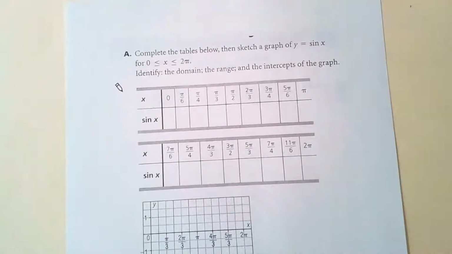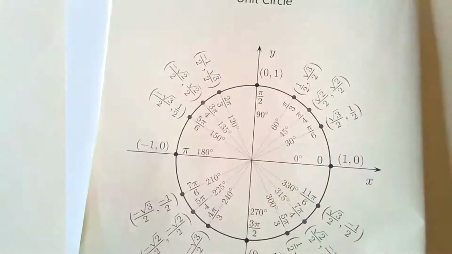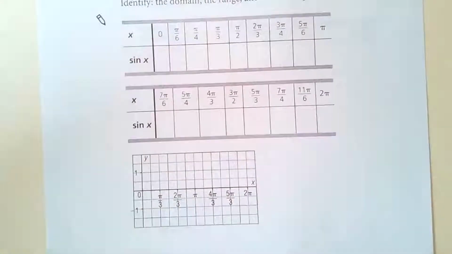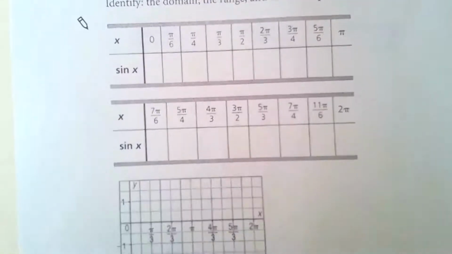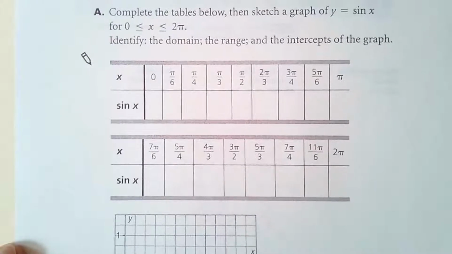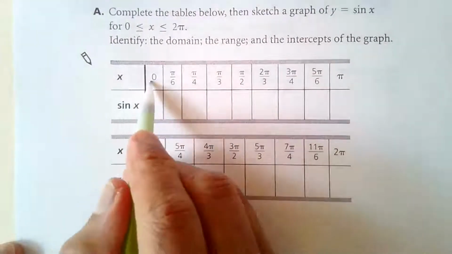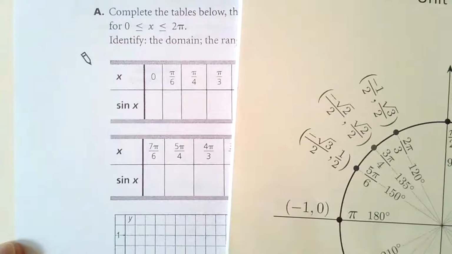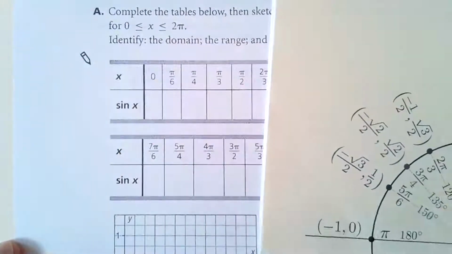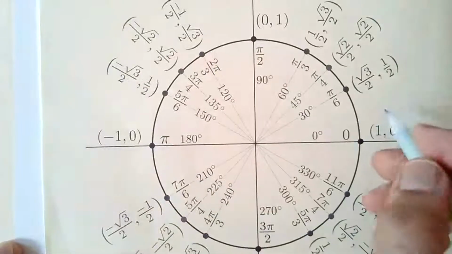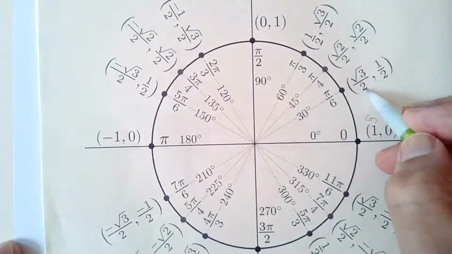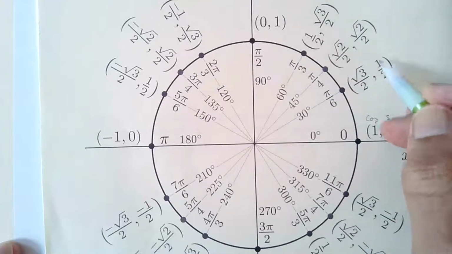So let's look at our sine function. We'll complete the table using our unit circle. Remember, the x value is your cos, and the y value is the sine.